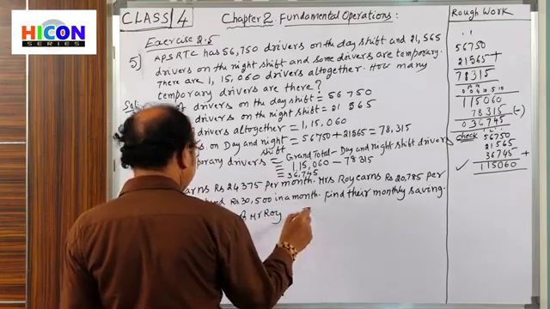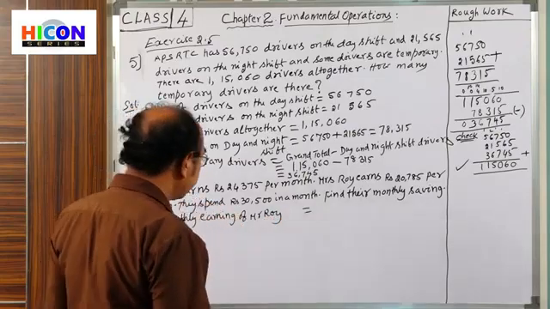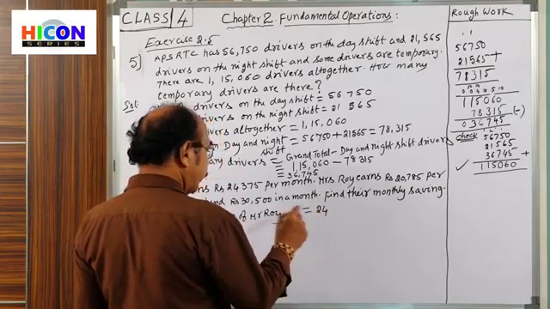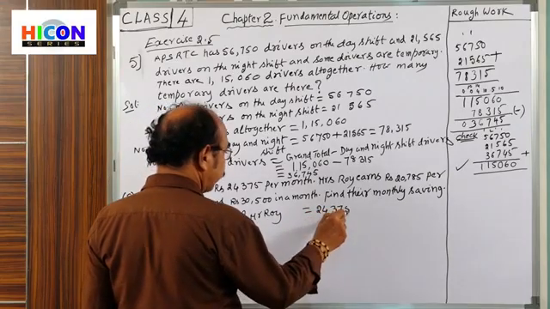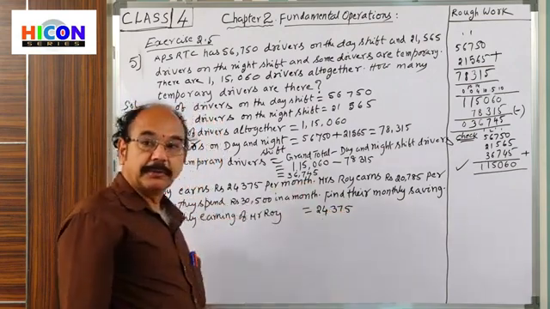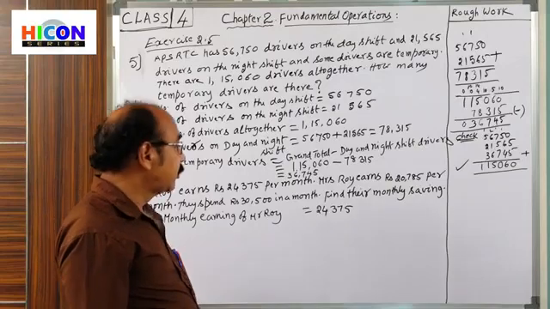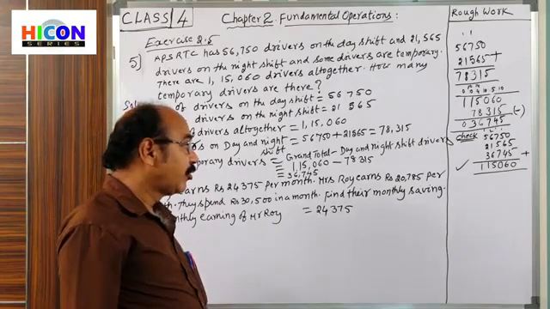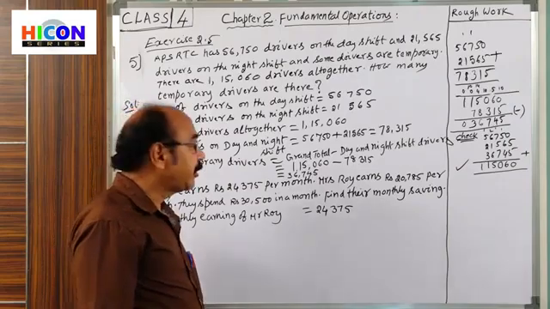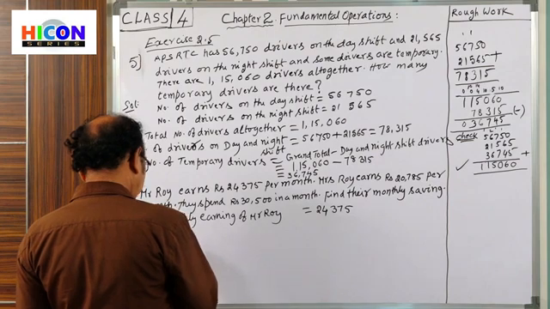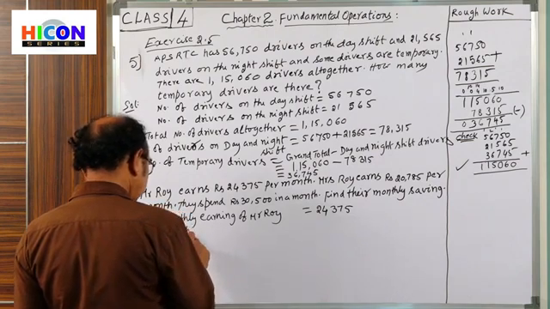What is the monthly earning of Mr. Roy? 24,375. Mrs. Roy means here his wife. His wife's earning is 20,785.